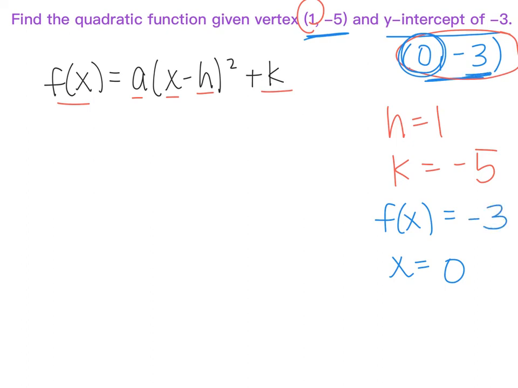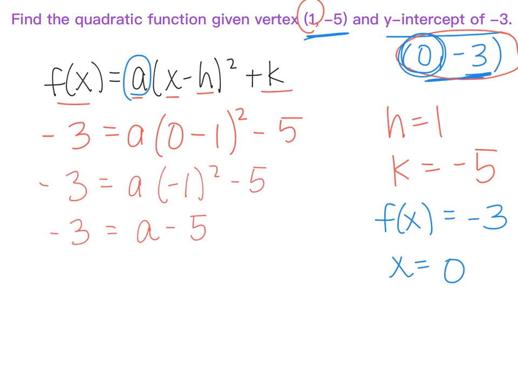The only thing that's left to solve for is a, which we'll plug back in to get the vertex form of this equation. So if I plug in my f of x, that's going to be -3, that's going to give me some value of a, x is 0 minus h, which is 1, squared, and then plus k, which is -5.